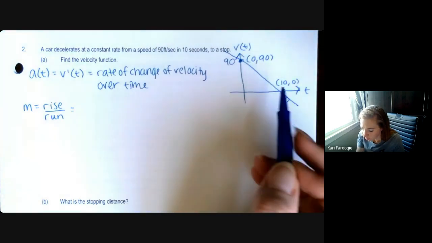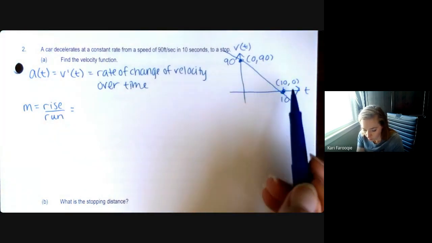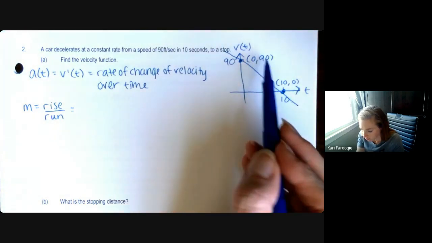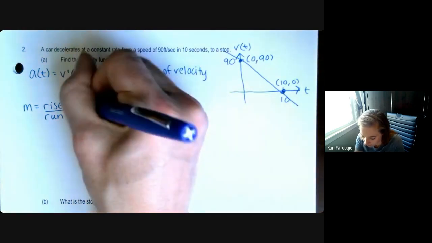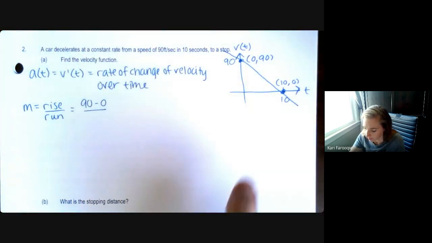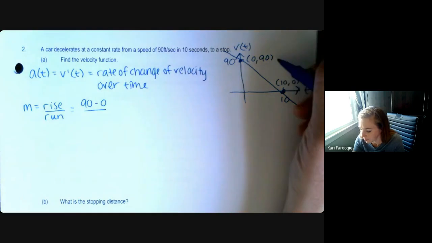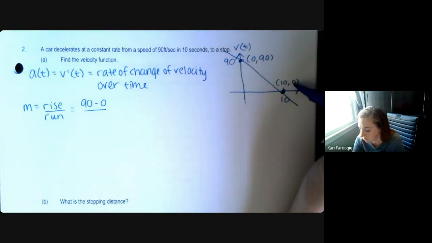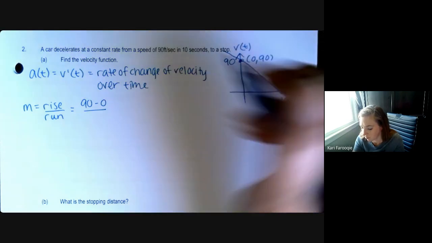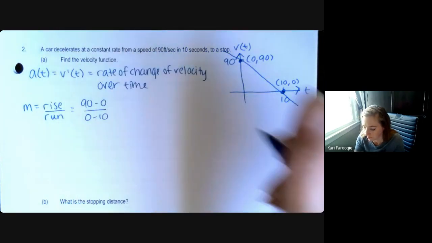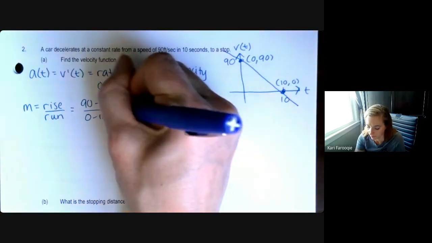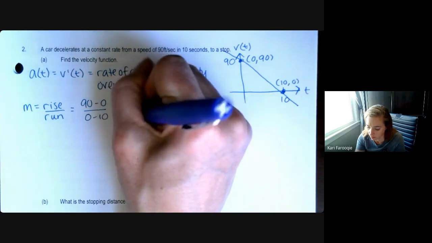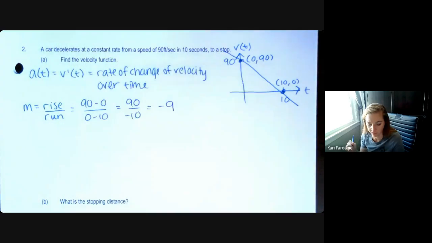Put these in either order. I'm going to go y sub 2 minus y sub 1 as 90 minus 0, and then 0 minus 10. And look, 90 divided by negative 10 is negative 9.